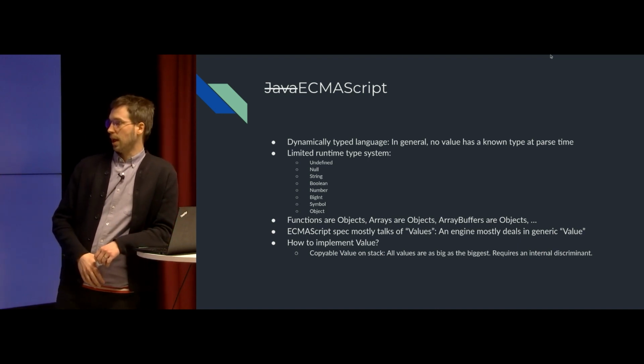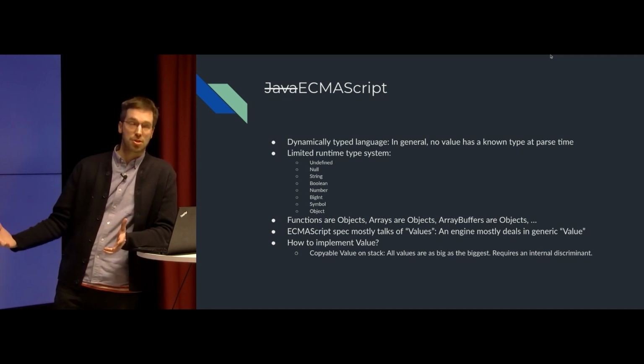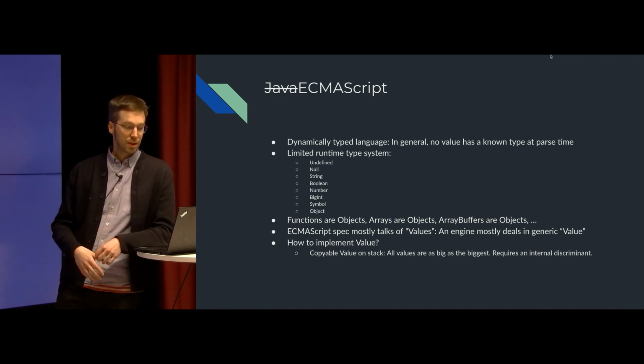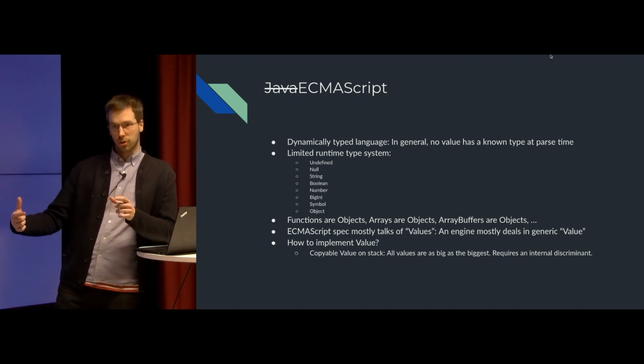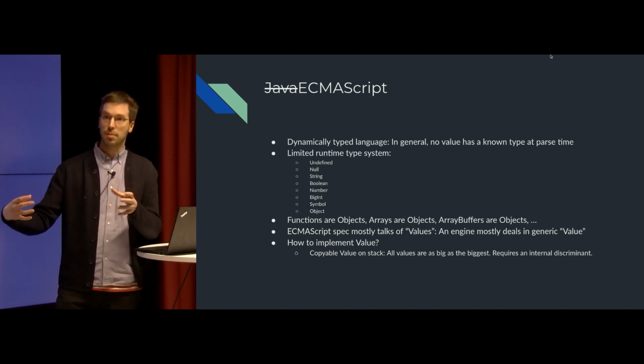Doing this, you would end up with a huge value because it always needs to be as big as the biggest value is. And you would need to have some internal discriminant in this data that knows what type of value this is.